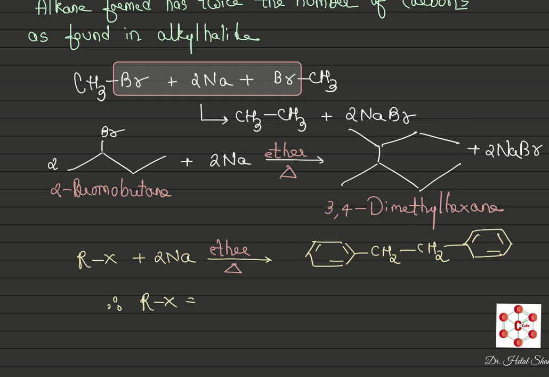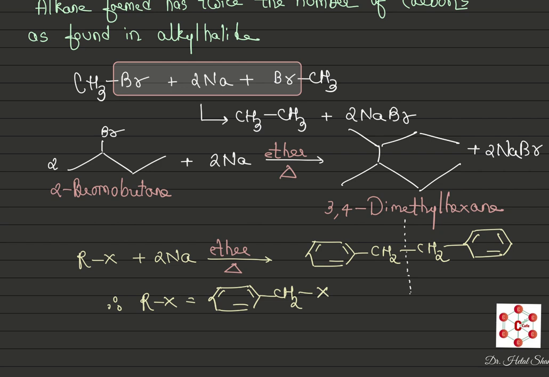So 2 of these must have reacted to produce the given product. It should always be a symmetrical structure. So divide it into two equal parts and you will be able to know the structure of R. Do you get this?